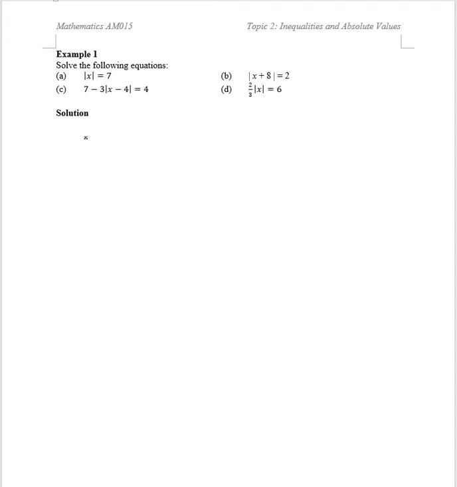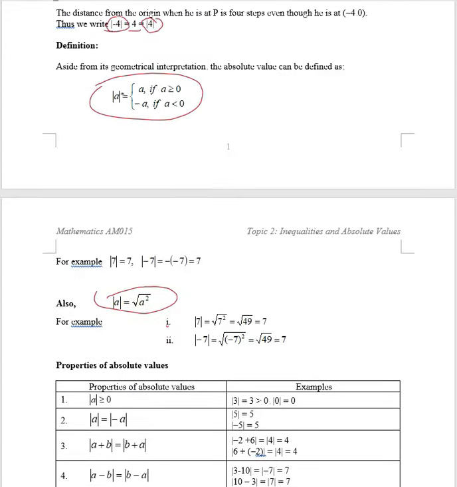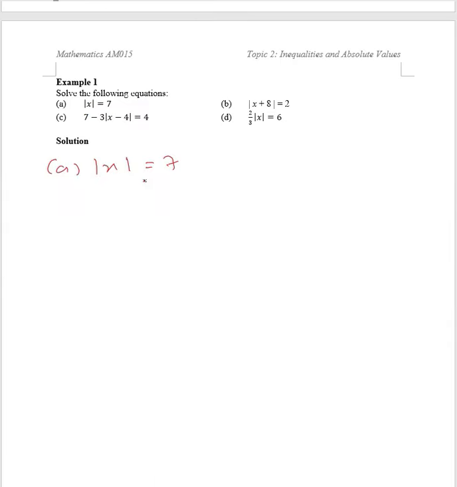Example 1 of absolute values. Solve the following equations. To solve this question, we have to use the definition that I've mentioned just now, which is this one. From here, we can divide this into two parts, a positive value and a negative value, and in the middle you write the word OR.